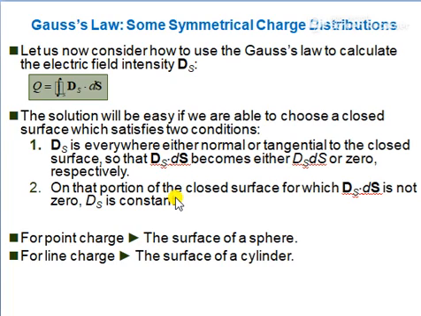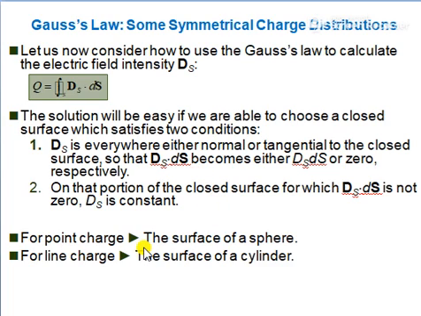The second condition is that on that portion of the closed surface for which D dot dS is not 0, D is constant. So these are the two conditions to be satisfied. If you are able to choose such a closed surface, then we can find the solution very easily.